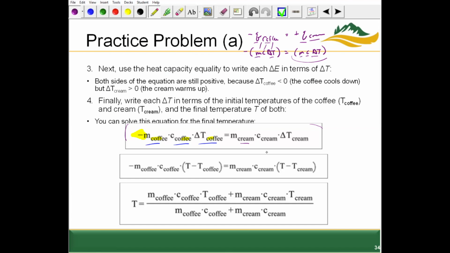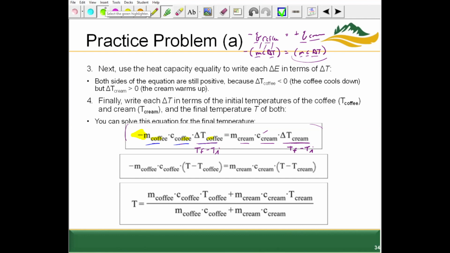Then mass of the cream, specific heat capacity of the cream, and the change in temperature of the cream. If we can plug in different numbers that we know, then we can solve for a T final. Now it gets a little messier algebraically because delta T is really T final minus T initial. Delta T over here is also T final minus T initial.